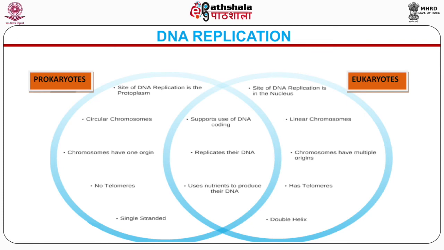A replication bubble is the point where there is a local melting of the DNA, and the DNA gets separated into 2 different strands. In eukaryotes the process doesn't initiate at one place but originates at multiple places. We call it a bubble because it swells up as the two strands get separated. So this is another very important point: there are multiple replication origins in eukaryotes as compared to only one in prokaryotes.